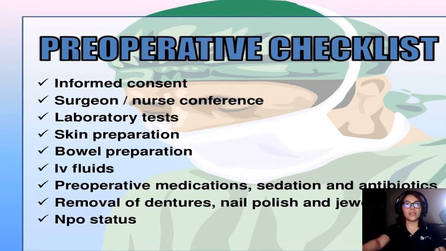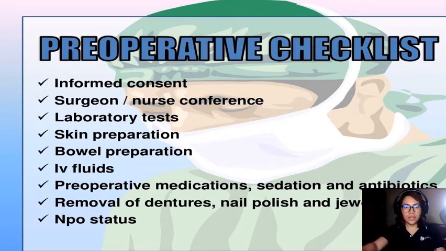The informed consent should already be signed by the patient, the doctor, and a nurse as witness. Surgeon-nurse conference: especially for the nurses, they should know who the scrub nurse is, who the circulating nurse is who will assist, the complete name of the surgeon, the first assist of the surgeon, and also the anesthesiologist.